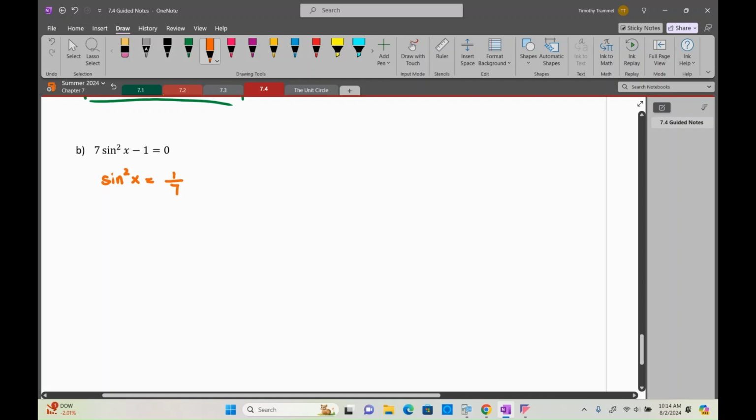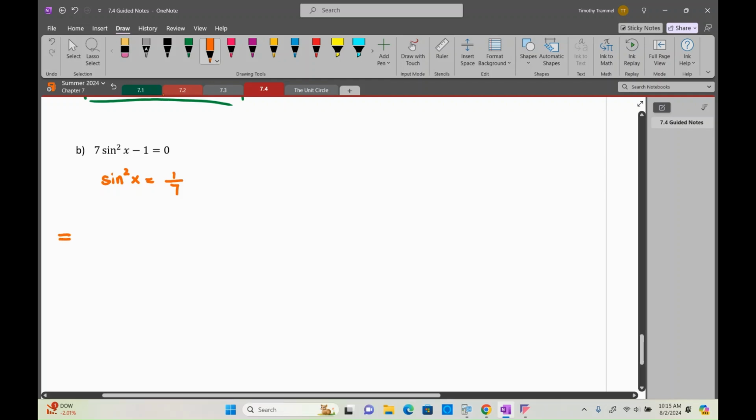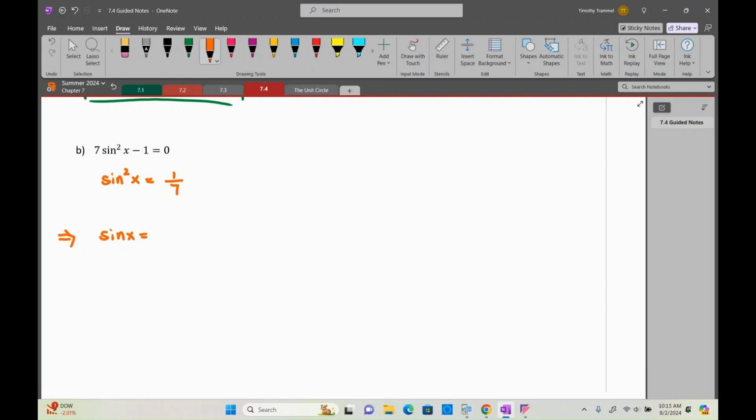Now, in order to isolate sine of x, I actually need to use my square root property. And so I'm going to end up with two sets of solutions here, because sine of x could either be equal to the positive square root of 1/7 or the negative square root of 1/7.